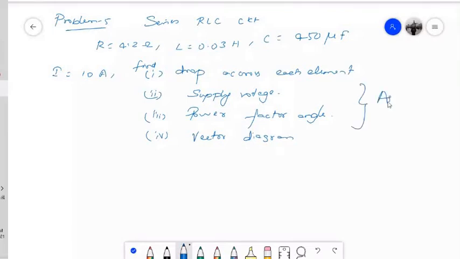And for all this, assume the supply frequency is equal to 50 Hertz. You can assume this. Okay.